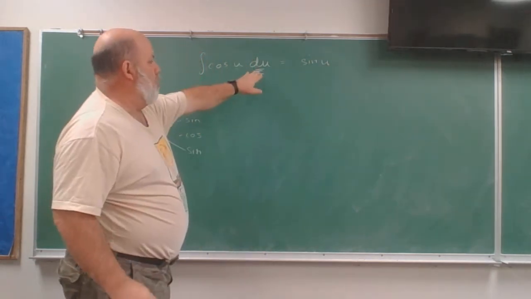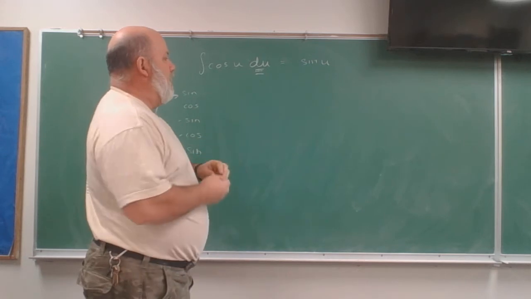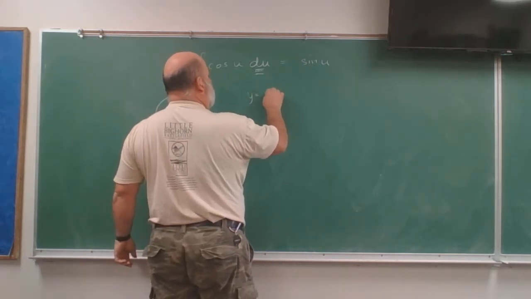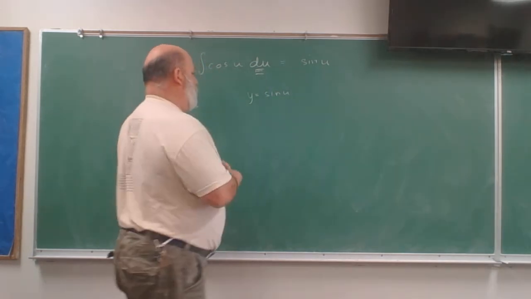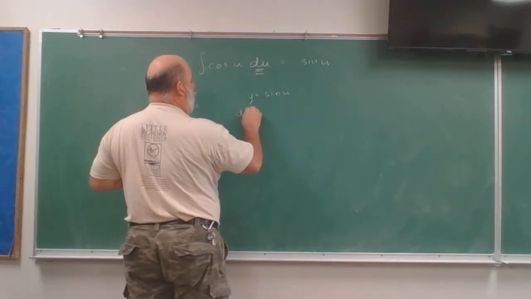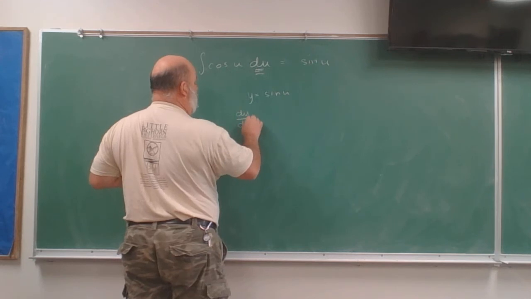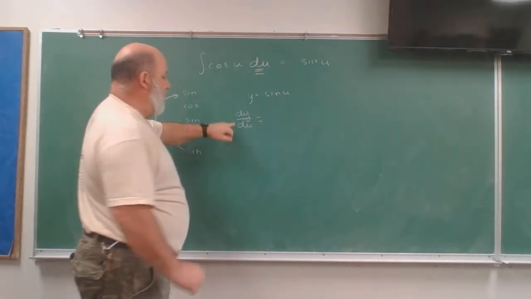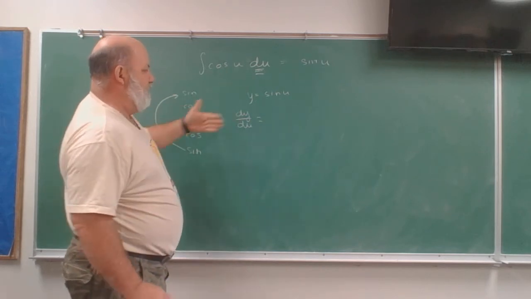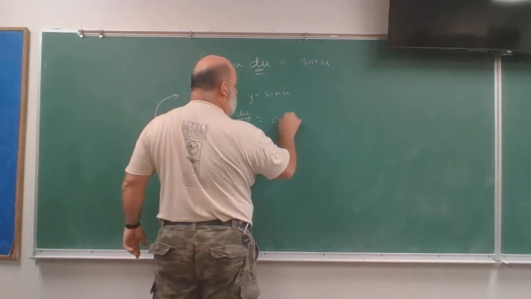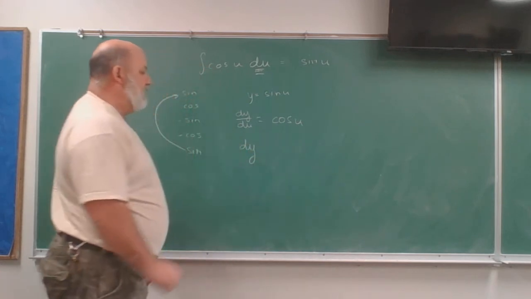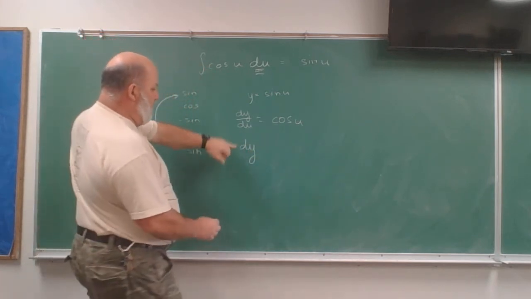Now, I want to show you why they have this du there. If they say y equals sine of u, find dy over du is what it would be, not x. This means find the derivative. Well, the derivative of sine u is cosine u. If they had just said find dy, well, how do you get dy by itself?